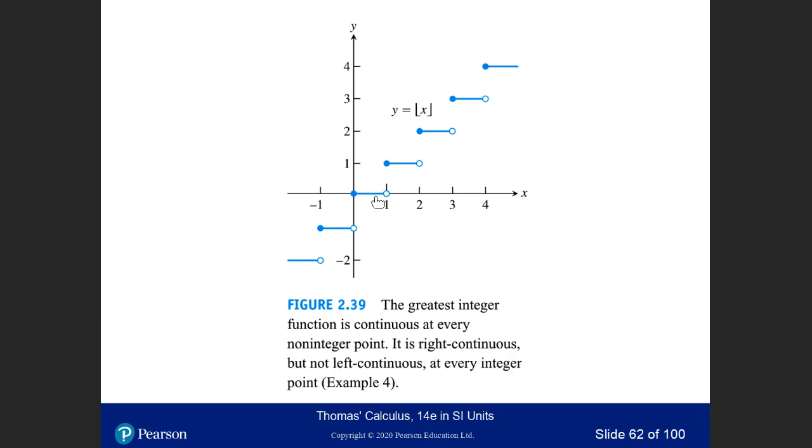As you approach 0 from the right-hand side, you have a limit 0 and the function value is 0, so there is right continuity here. But when you approach 1 from the left-hand side, the limit is 0, the function value is 1, so it's not continuous here. It's not left continuous, it's only right continuous.